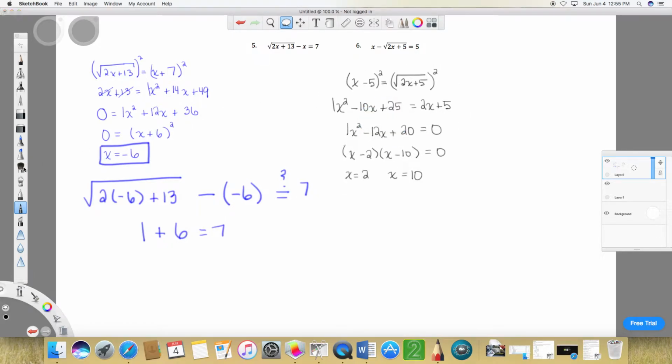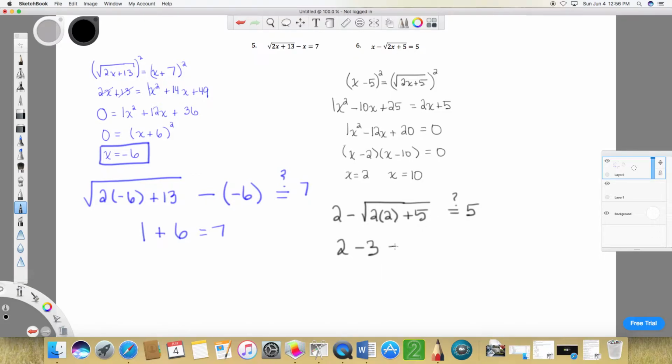All right, so when we check x equals 2, on the left-hand side, we have 2 minus the square root of 2 times 2 plus 5. And the big question is, when we do that arithmetic, will that equal 5? So 2 times 2 is 4, and 4 plus 5 is 9, and the square root of 9 is 3.